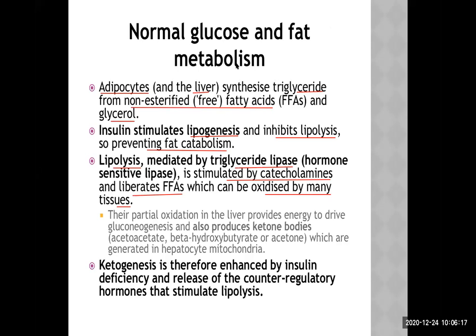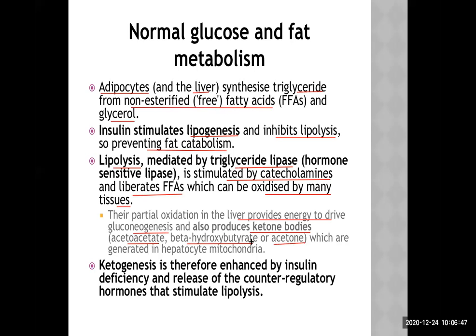Now, what is the effect of insulin regarding this? The partial oxidation in the liver provides energy to drive the gluconeogenesis and also produces ketone body like acetoacetate, beta hydroxybutyrate, or acetone. These are the three important types of ketone body we have. Among them, beta hydroxybutyrate is mainly present in the blood.